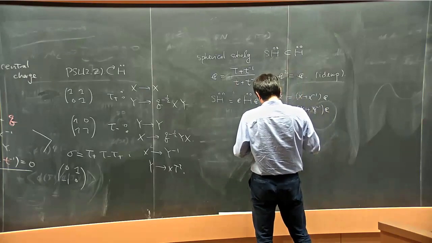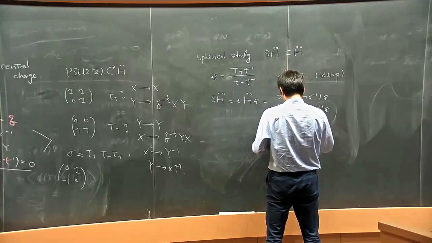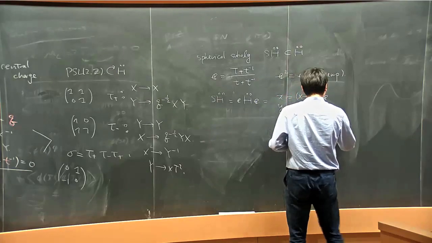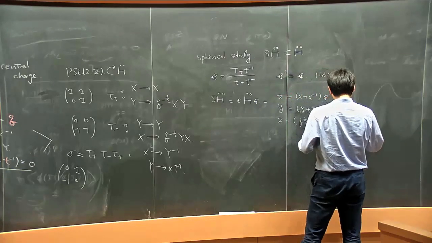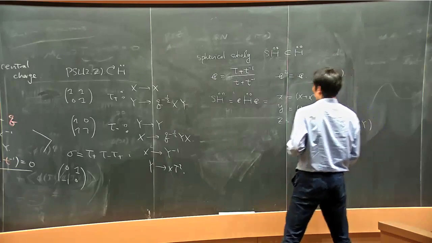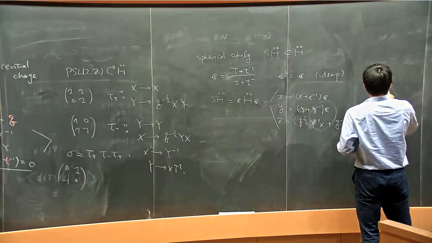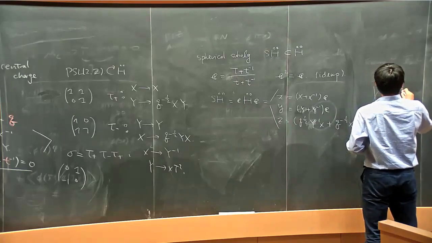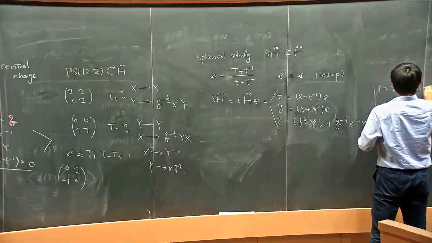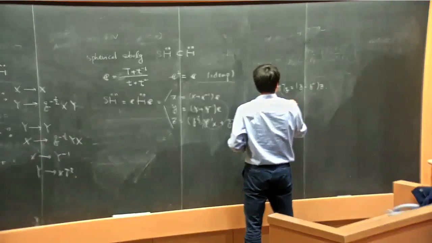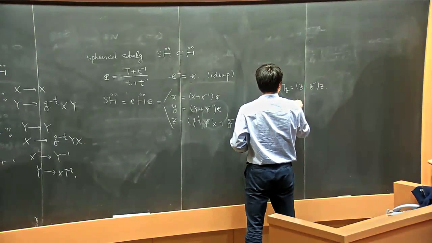q 1/2 y inverse x plus q minus 1/2 x inverse y. So there are 3 generators, and they satisfy the following relations. The x and y q-commutator will give you q inverse z, and it's a cyclic relation.